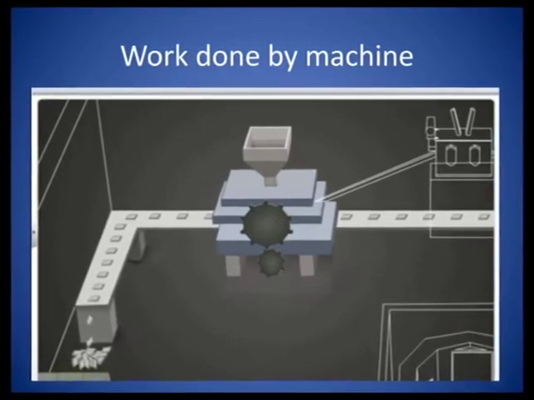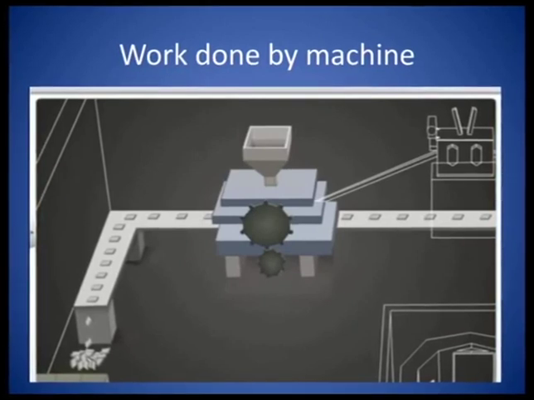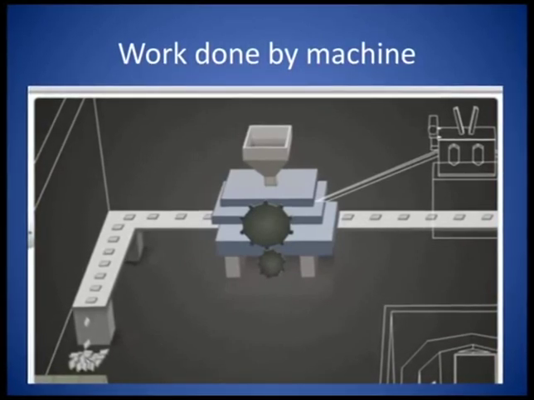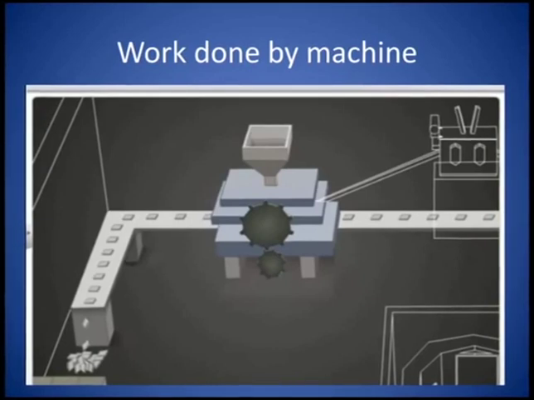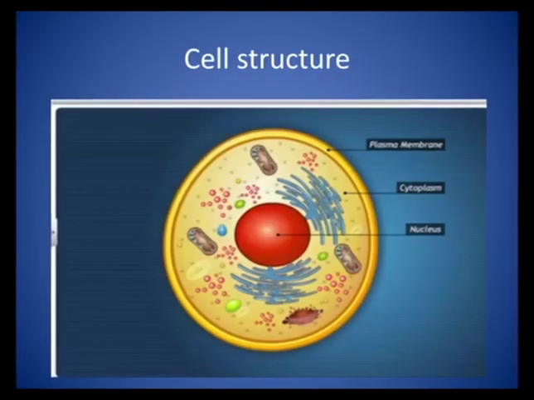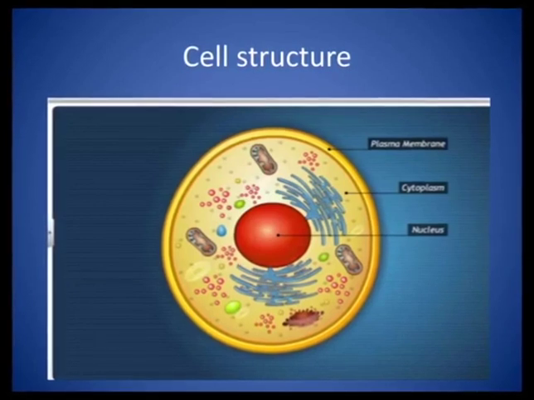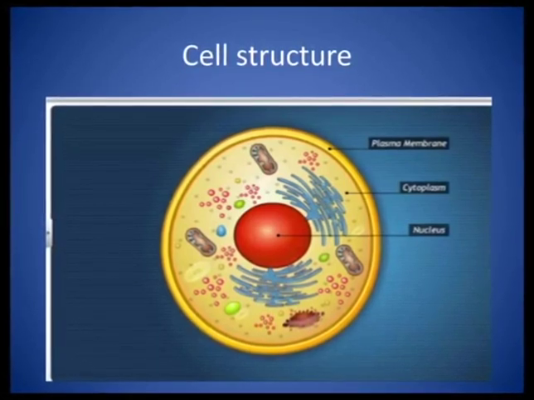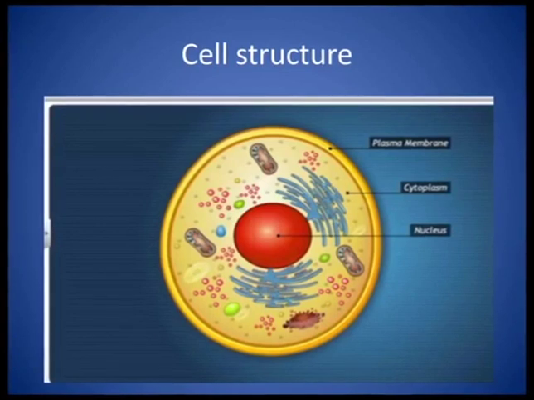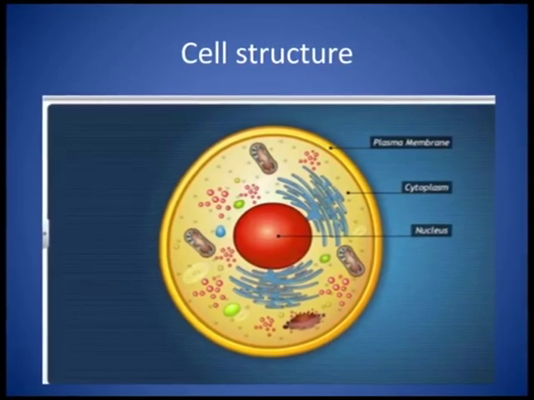Did you know that just like this factory, there are tiny factories in our body as well? Now we'll look into the factory running in our body. As we know, the cell is the structural and functional unit of life.